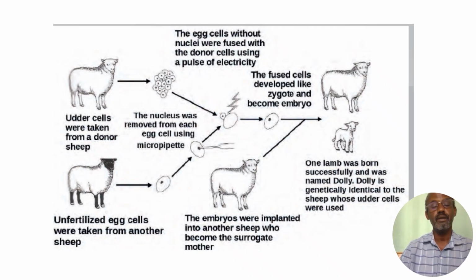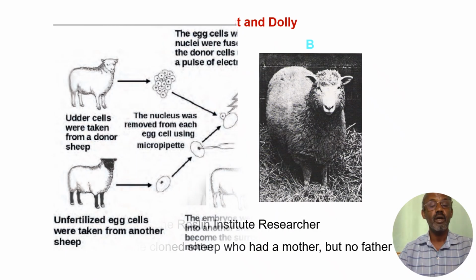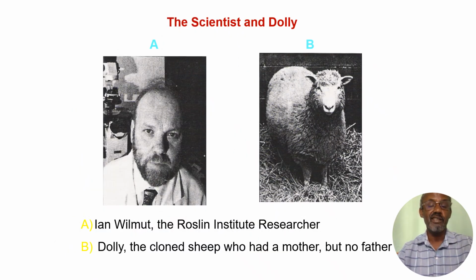You see? This is the cloning technique. Of course, this cloning technology is in its infancy. I hope it will grow and solve many problems as far as agriculture and many other areas are concerned. This is now a scientist and the sheep, Dolly. Welcome to the Roslin Institute research.